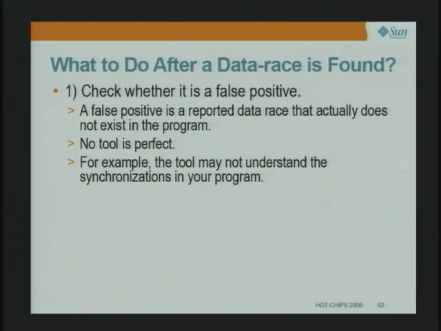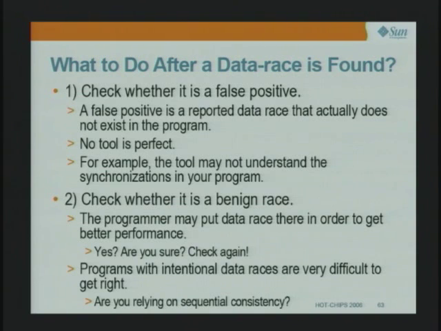For example, the tool may not understand all the synchronizations the user put in your program. Because of synchronization the user put there, the code executes in a certain specified fixed order, but the tool doesn't understand it. It says, oh, they may execute concurrently, so it will report a data race.